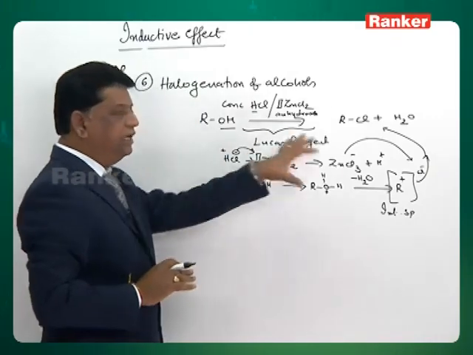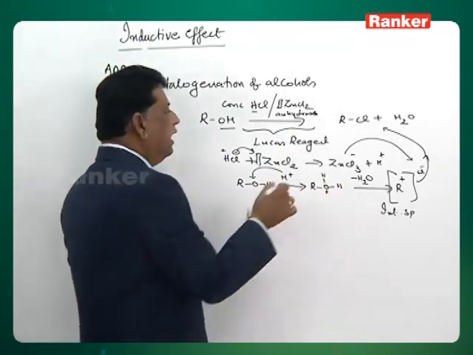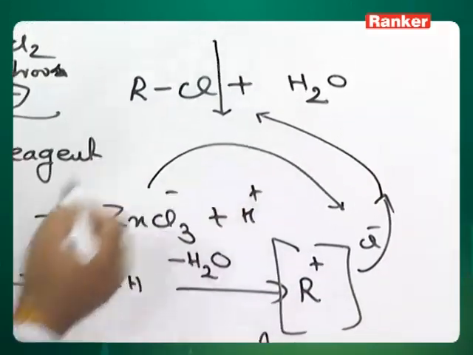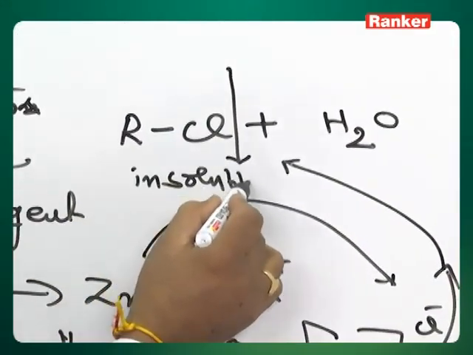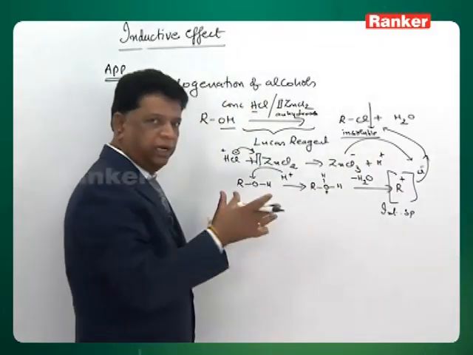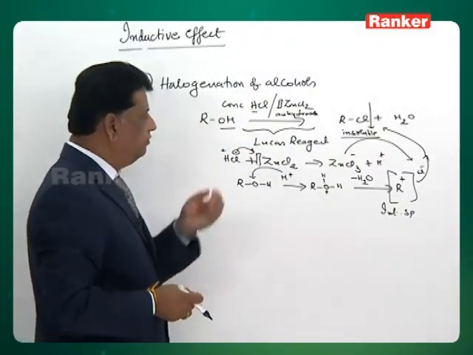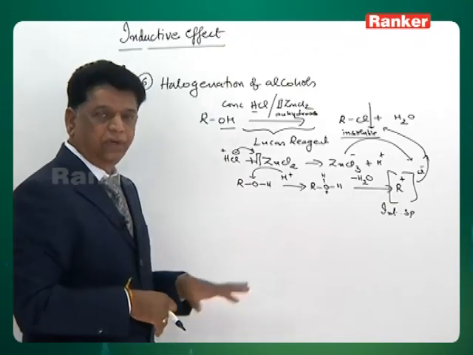Once the final reaction is completed, the RCl formed has one property: it is insoluble. If it were a solid, you would get a precipitate. But unfortunately, this RCl is not a solid, it is a liquid.